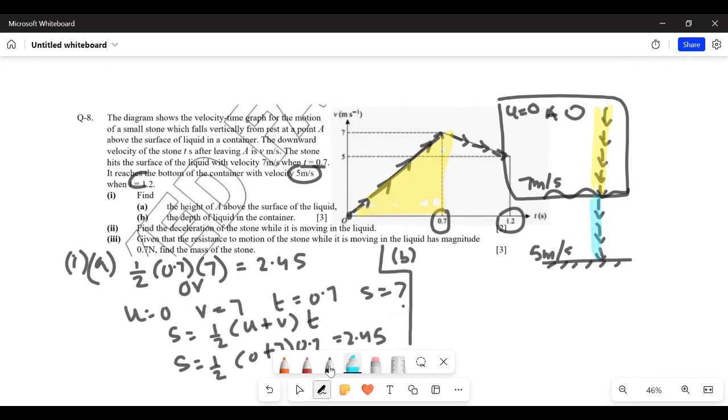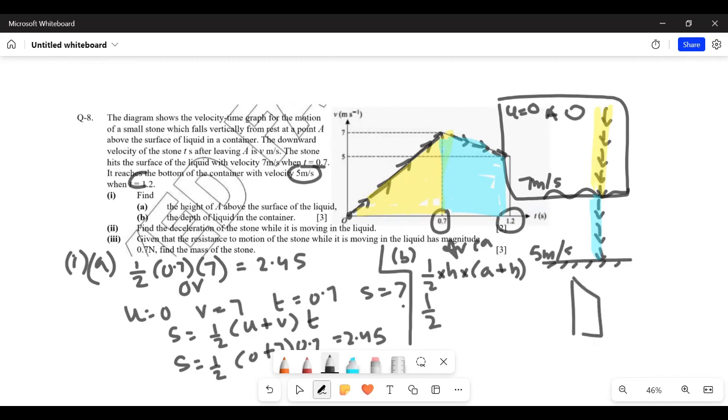Again, you could either use equations of motion or you can find the area of this part of the graph. Let's use both. If you're using area, you have to use half times height times sum of parallel sides. Half is half. Height is the distance between the two parallel sides.